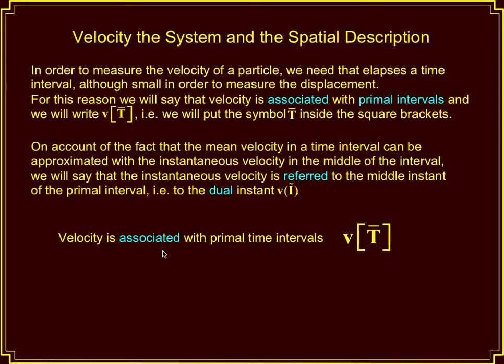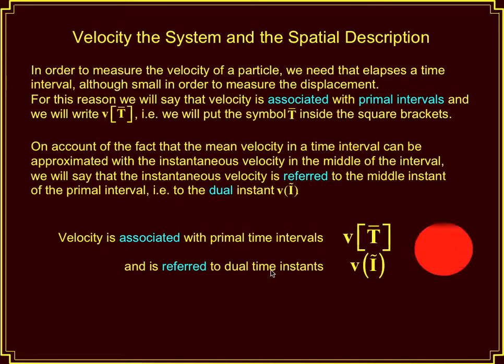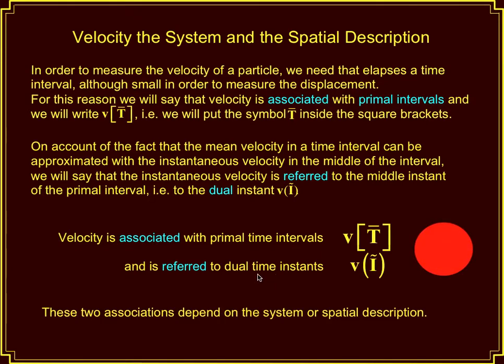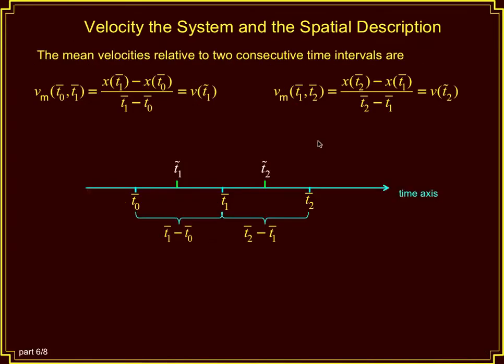Velocity is associated with primal time intervals and is referred to the dual time instants. That two associations depend on the system or spatial description.